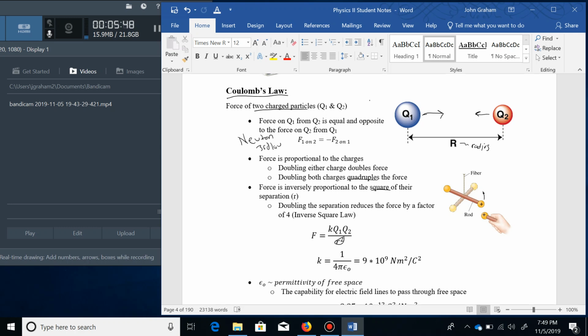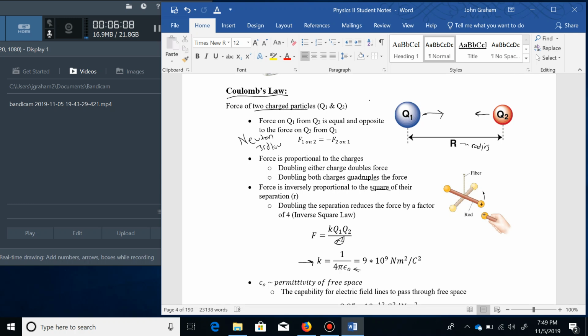Now, this K is the constant I was talking about. We see it all the time. I actually remember this way more because I use it more than the other constant that's kind of part of it, which is this epsilon sub 0.